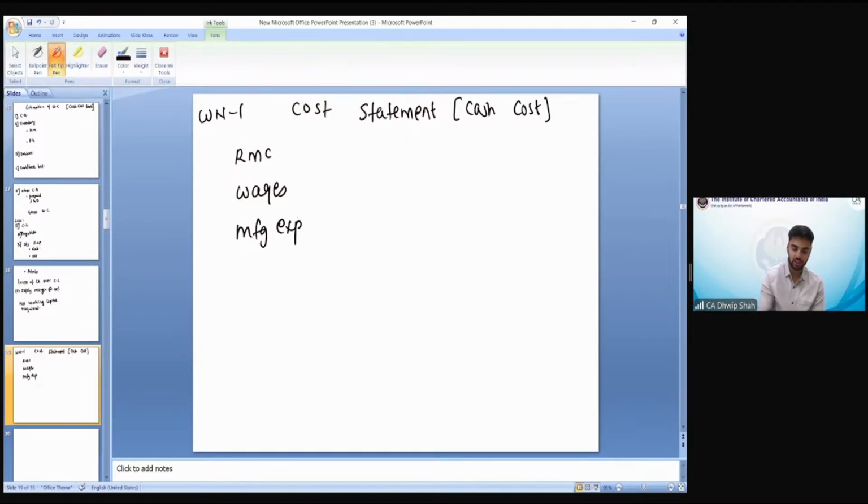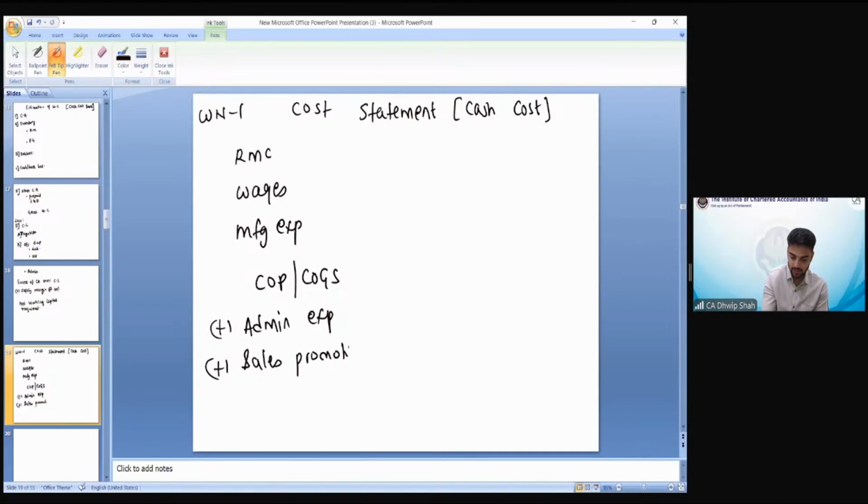In this question, instead of overheads, they have used the term manufacturing expenses. And since we are concerned with cash manufacturing expenses only, nothing extra needs to be done. The resultant figure is called as COP or COGS. Add admin, add sales promotion, which is nothing but S&D, sales and distribution expense, will give me cost of sales.